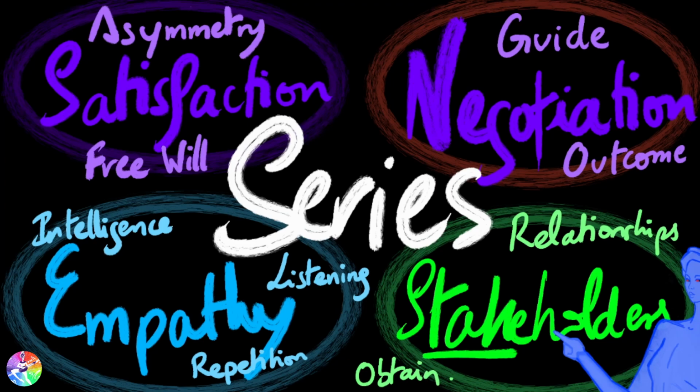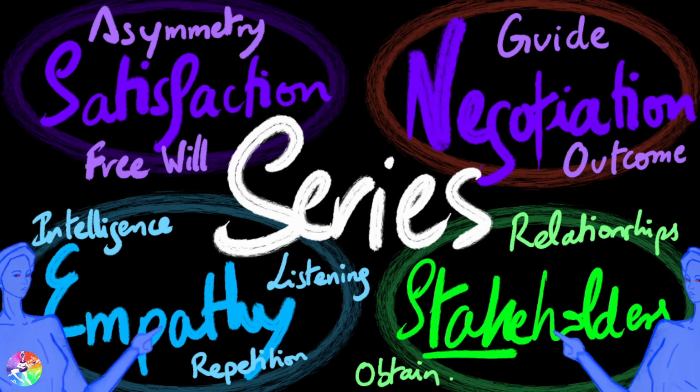Once you've established the stakes and the goal, you'll need to develop a degree of empathy which is proportional to the degree of satisfaction you want to obtain through the negotiation and in the outcome. Now, empathy here means listening and repeating strategically. You want to target your listening and you want to target your repetition.